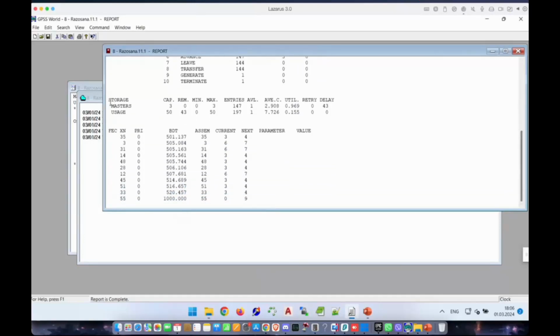Here we have the report about masters or fixing guys, and here we have the report about the average time for the machine being worked within conveyor slots.